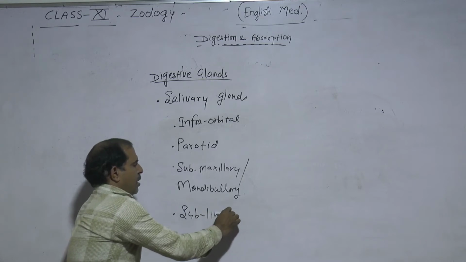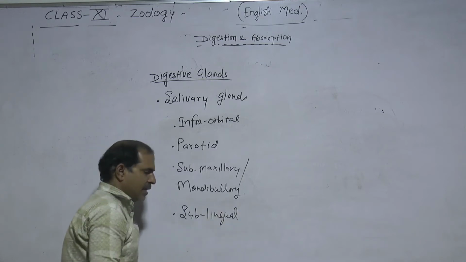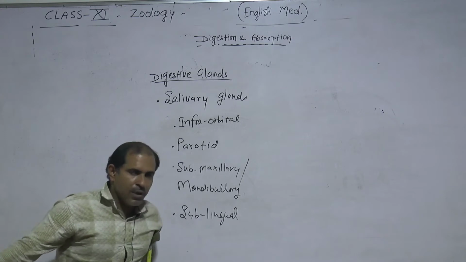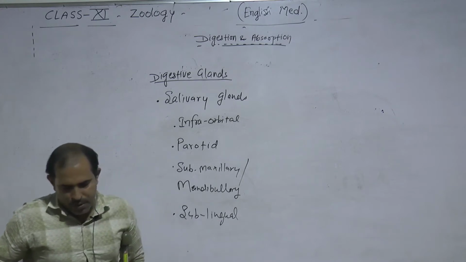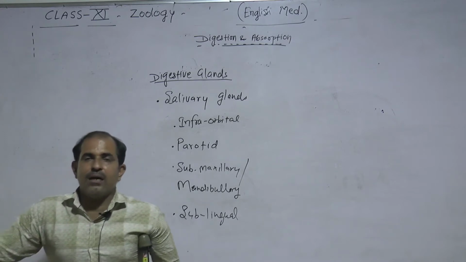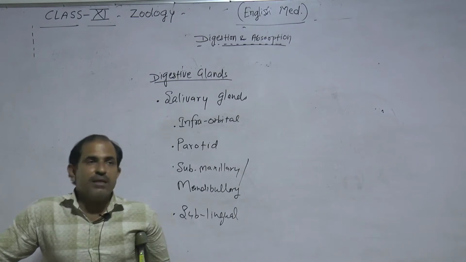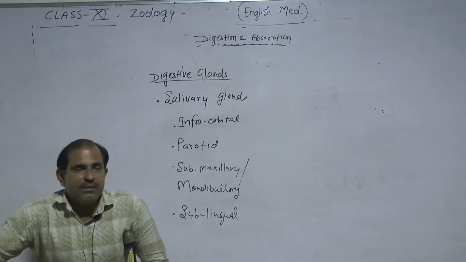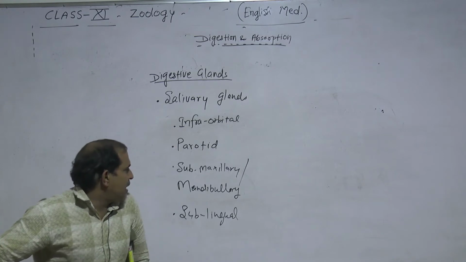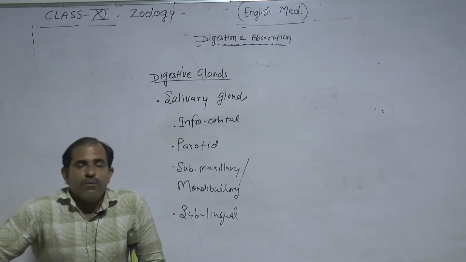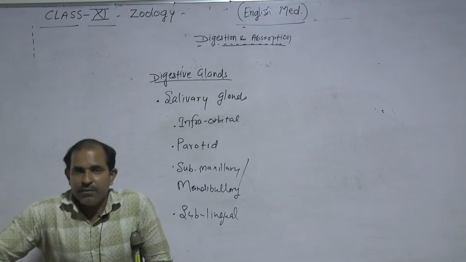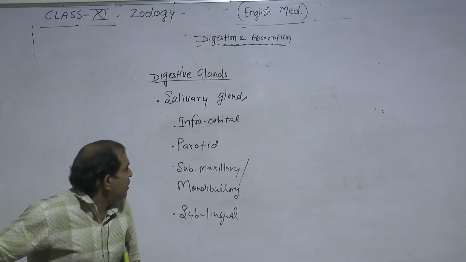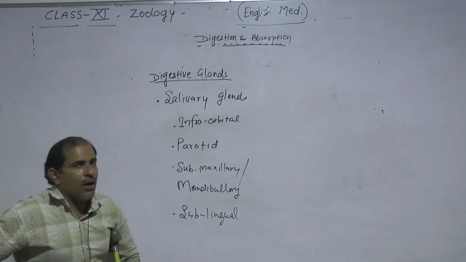In the animal kingdom, four types of salivary glands are present. The first one is the infraorbital gland, second the parotid gland, third the submaxillary or submandibular gland, and the fourth and last one is the sublingual gland.